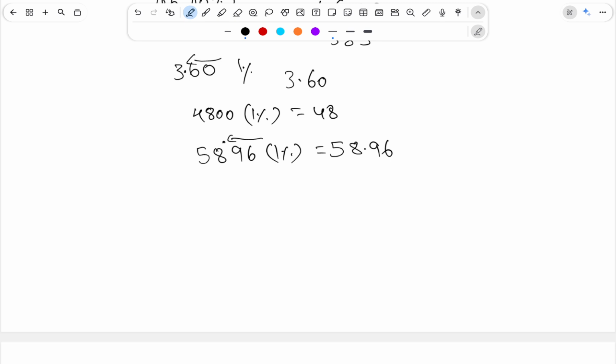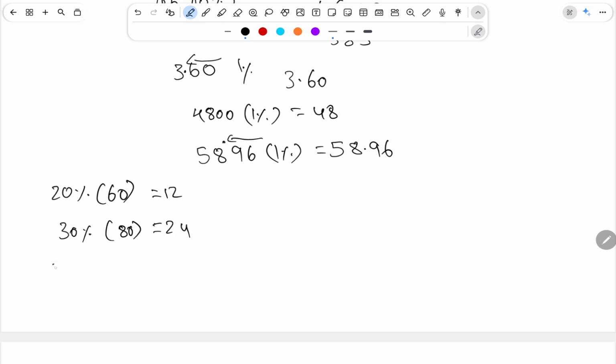Now see, 20% of 60. First say 10%. 10% of 60 is 6. Then 20% is 12. 30% of 80. 10% of 80 is 8. Then 30% is into 3, 24.